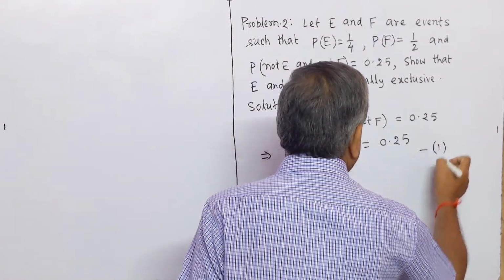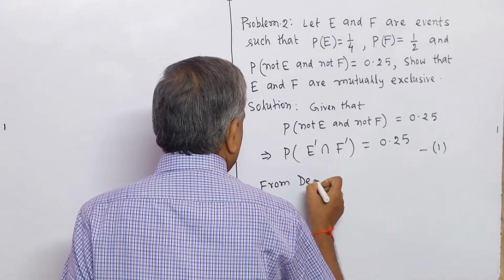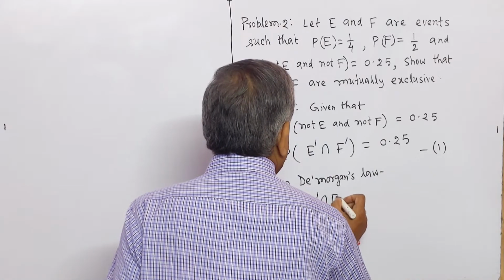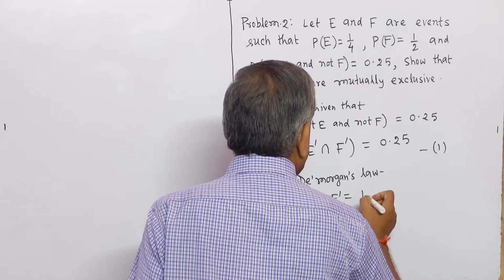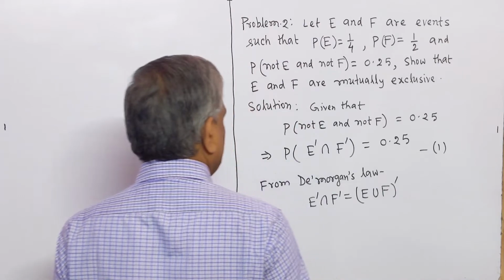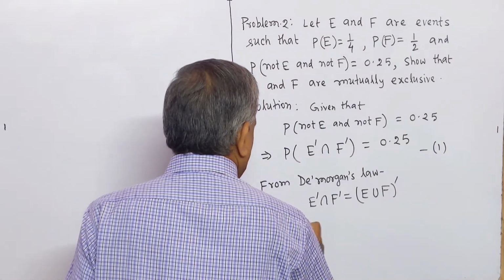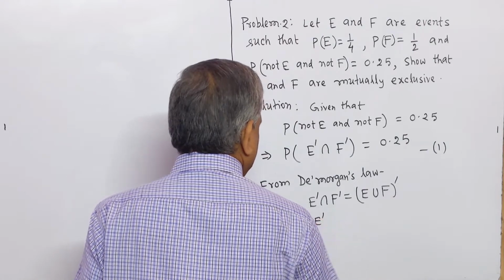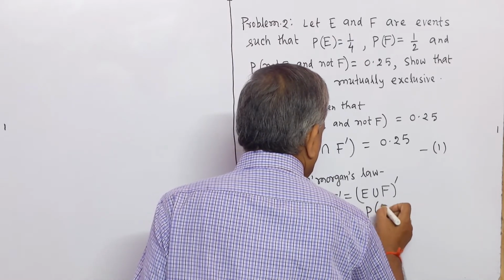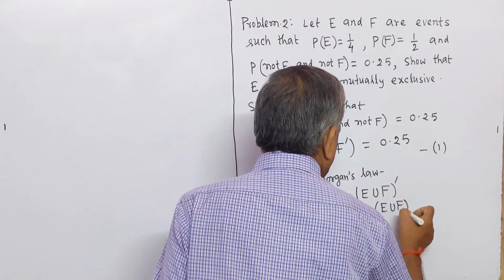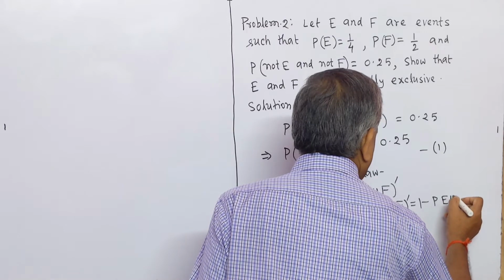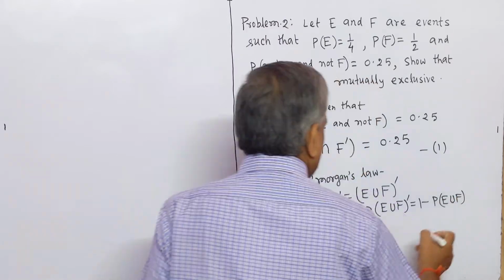Let this is number 1. From De Morgan's law, E prime intersect F prime equal to E union F whole prime, and P E prime intersect F prime equal to P E union F whole prime means 1 minus P E union F. This is number 2.